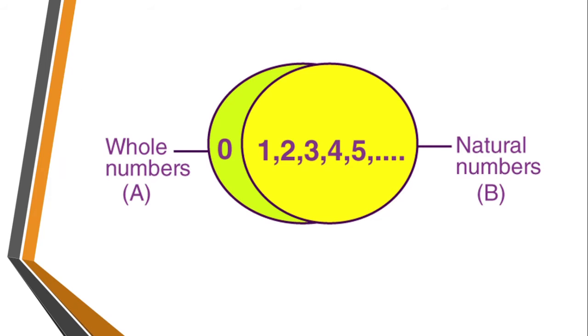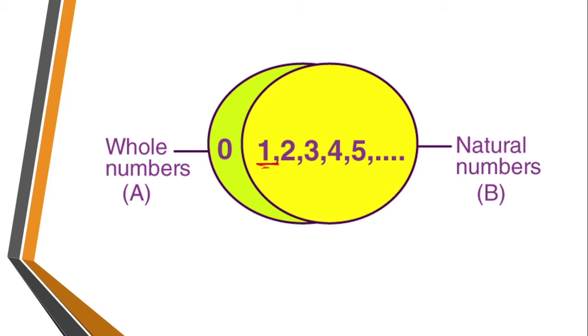So this was about whole numbers and natural numbers. Let's revise them. Natural numbers start from 1 and whole numbers start from 0. We all know this, right? But now we are going to revise. Natural numbers start from 1, and to get whole numbers, we should just consider 0 also.